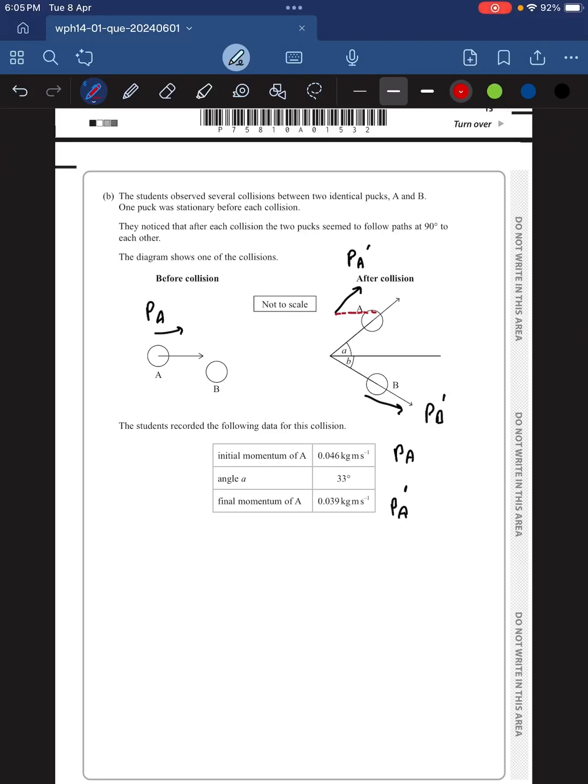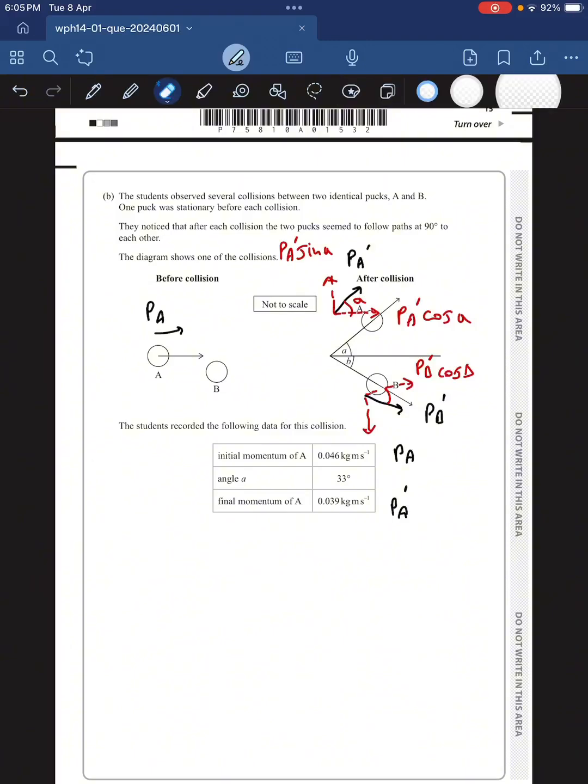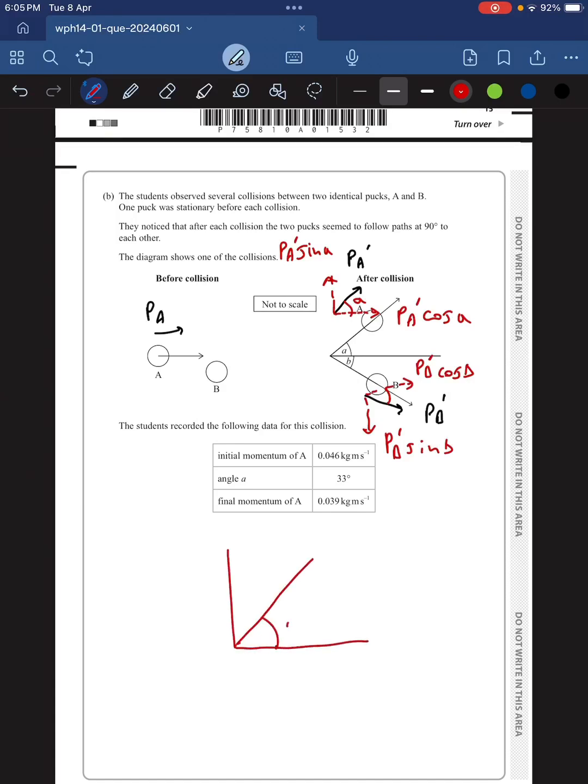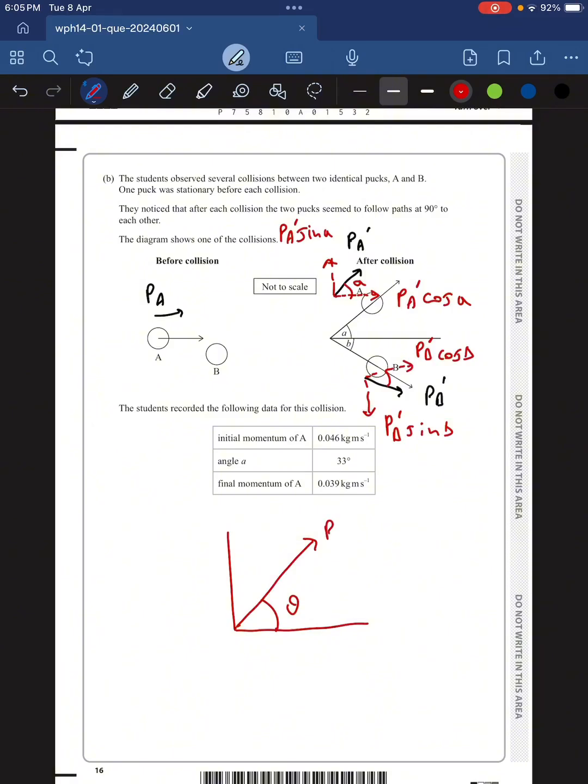So we see immediately that these 2 can be analyzed into a horizontal component, which is going to be PA prime cosine of the angle A, which is given to us, and PA prime sine of A. Similarly, for the other puck, we will have PB prime, and this angle is now B, cosine of B, and the other component is going to be PB prime sine of B. And the way I work these things out is whenever I have an angle theta and some vector, let's say P, the x component is going to be P cosine theta, and the y component is going to be P sine theta.